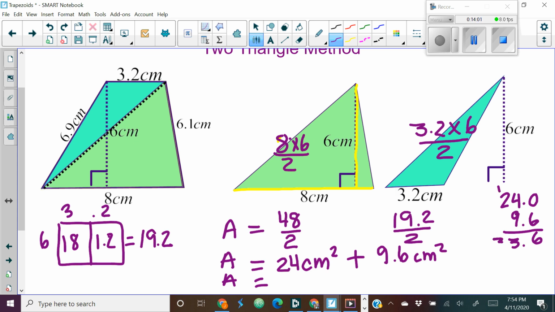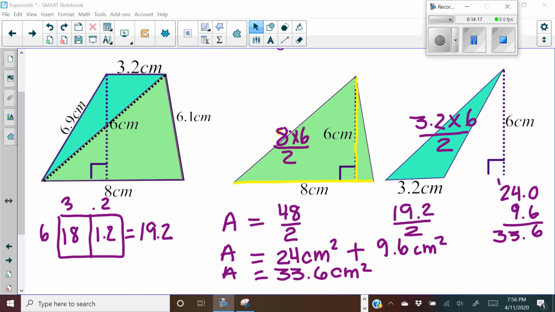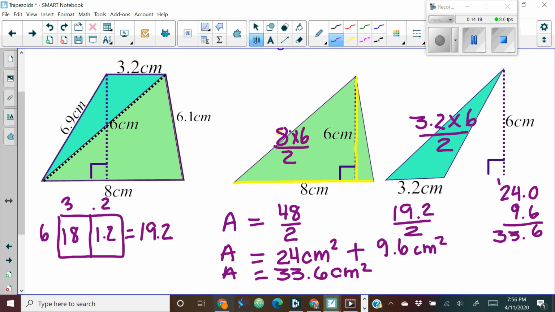But it's sometimes nice just to see it all worked out. So the area of this trapezoid is 33.6 centimeters squared. That's our answer for the third one.